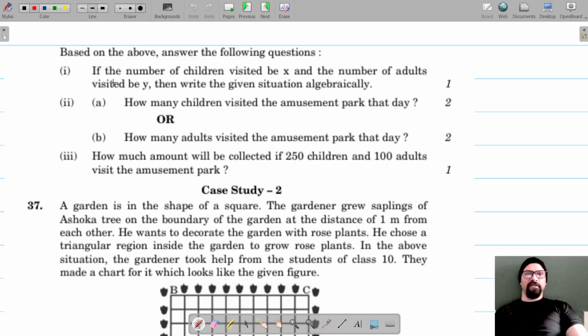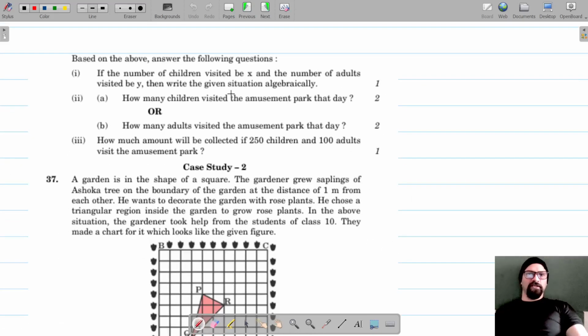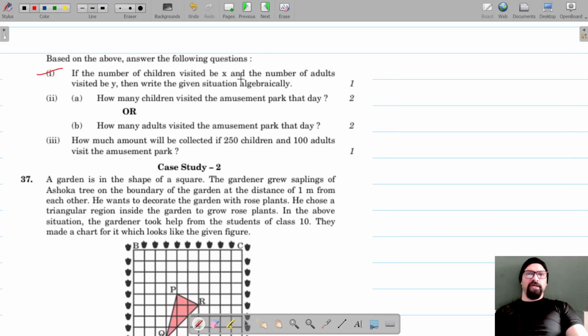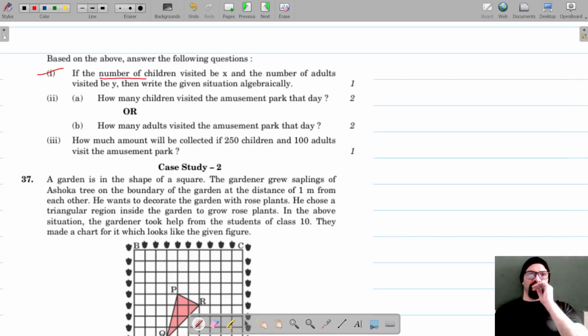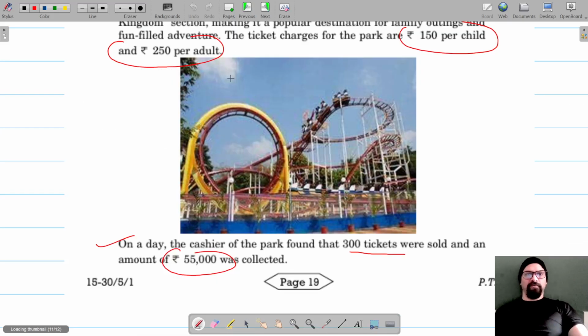Now we have to write the given situation algebraically if the number of children visited be X. So our first equation is the total persons that visited. 300 tickets were sold.